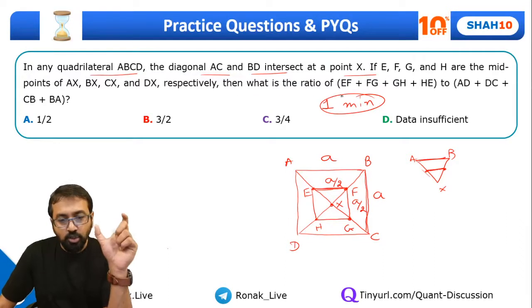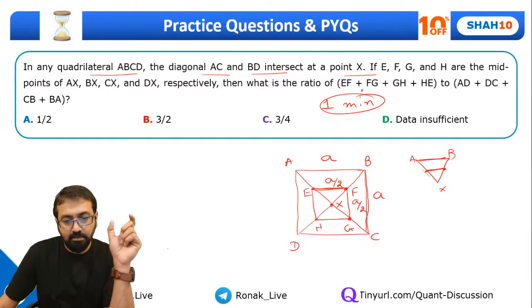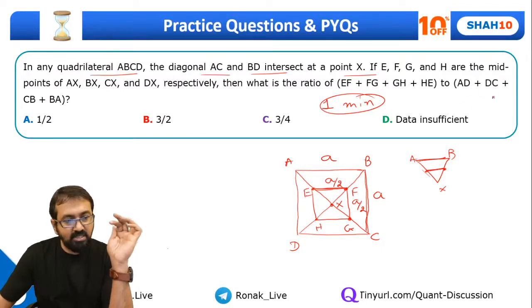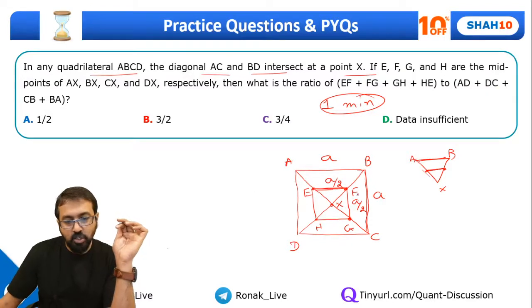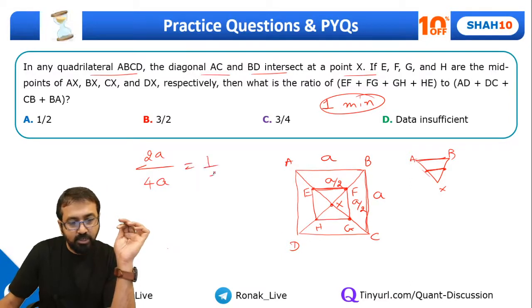Then what is the ratio of EF plus FG plus GH plus HE to AD plus DC plus CB plus EA? So of course, this is going to be half. So it's going to be 2A upon 4A. Of course, that ratio is going to be 1 by 2.